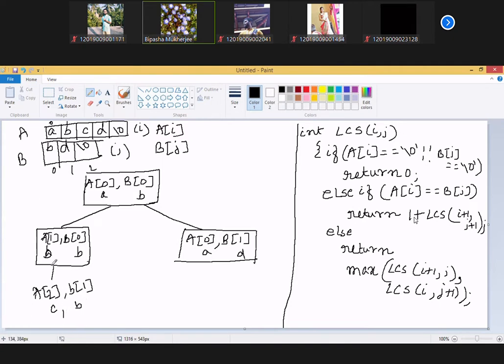Actually, I don't have more space. This way, continuously, either with i increment or j increment, you will continue. The 1 plus is there when you are calling this. So when you reach, say, B2, the next phase from here or there, you will find null. Once something is null, it will return 0.